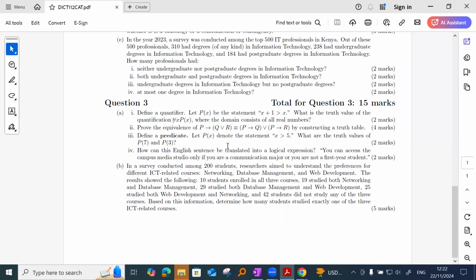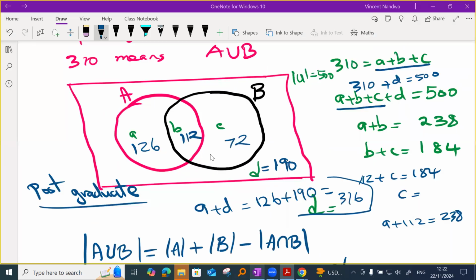The key thing you have to decide is how many circles we need. How many sets of interest are in our Venn diagram? We need 3, isn't it? There is networking, database management, and web development. So that's the starting point. Let's modify this.